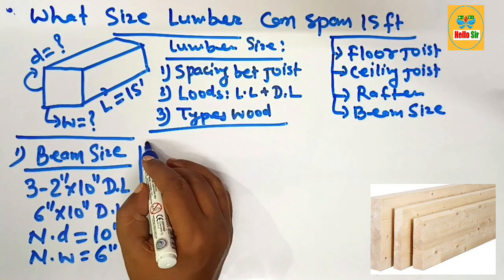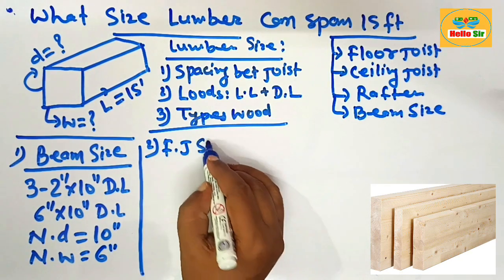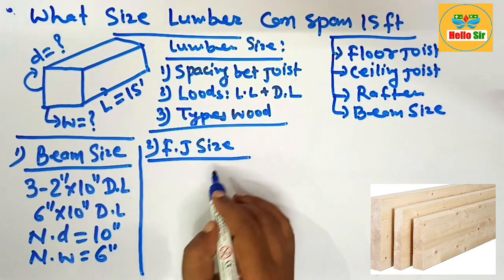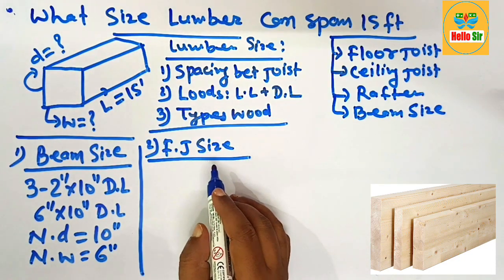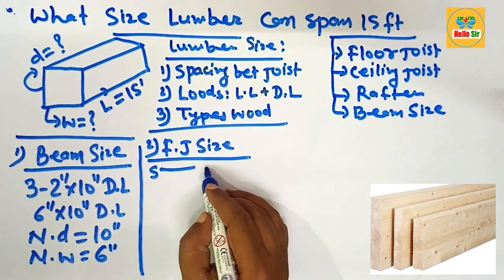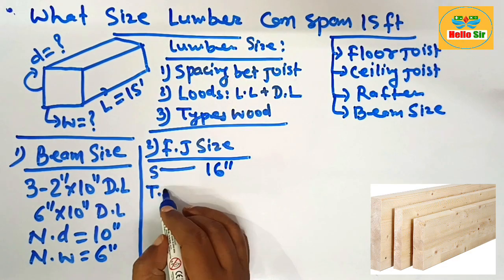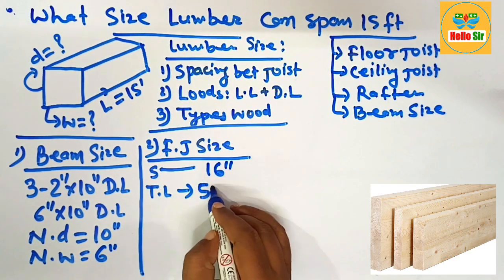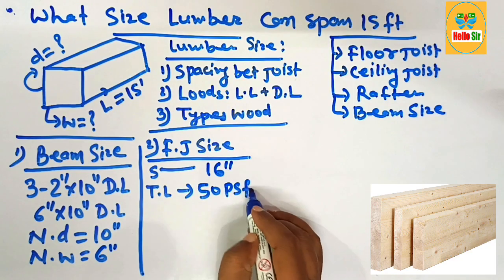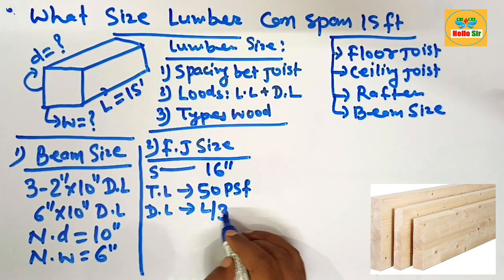Now the second one, that is the floor joist size. What will be floor joist size required to span 15 foot distance? What will be the spacing? The center spacing, that is 16 inches. The total load, that is about 50 pound per square footage, and the deflection limit, that is L by 360.